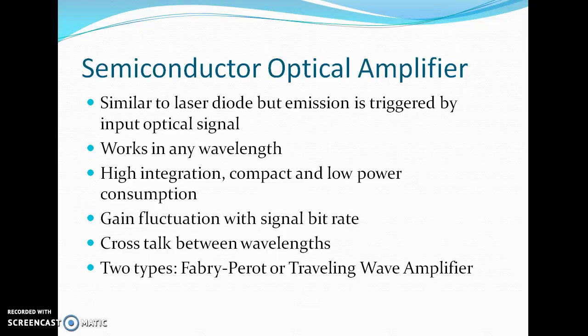However, gain fluctuation with signal bit rate is one of its disadvantages. There is also crosstalk that occurs between wavelengths. There are two types of semiconductor optical amplifiers which are currently widely in use in the market right now, which is the Fabry-Perot amplifier and the traveling wave amplifier.